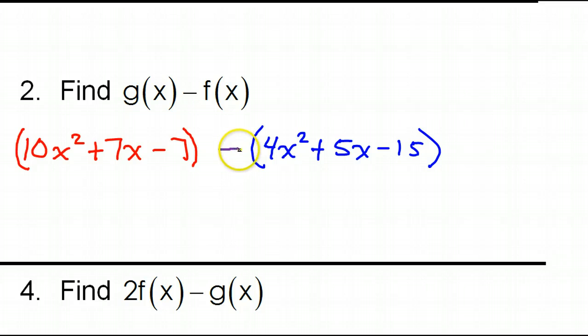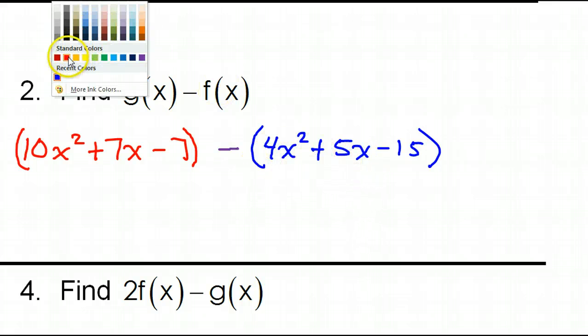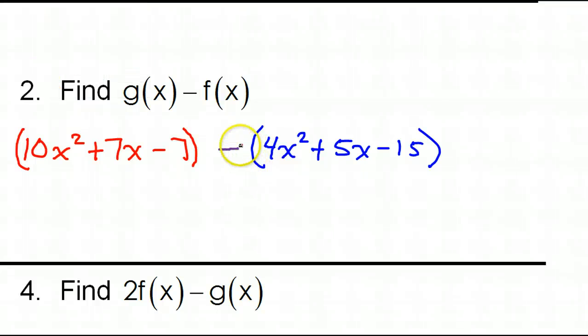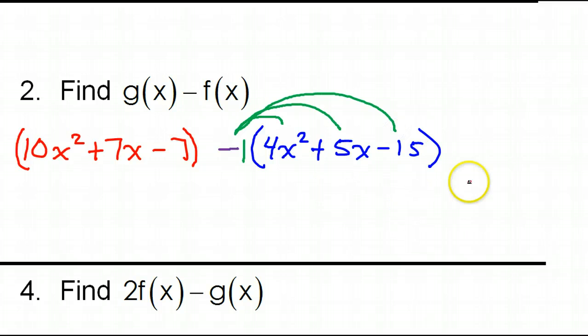Because this negative sign, first of all, make sure you use parentheses in the first place, like I am. But then you need to understand that this negative is a negative 1. So you need to distribute that negative 1 across function f here.